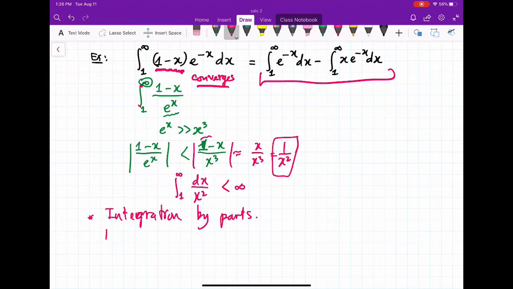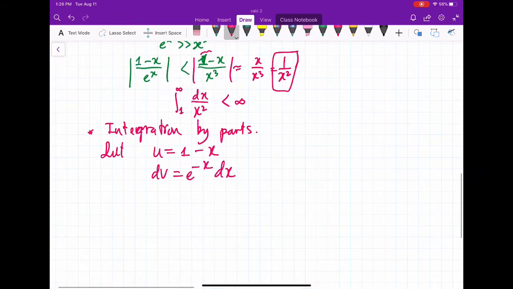So I put u equal to 1 minus x and dv equal to e to negative x dx. From here I get du is negative dx and v is negative e to negative x. That is the antiderivative of e to negative x.